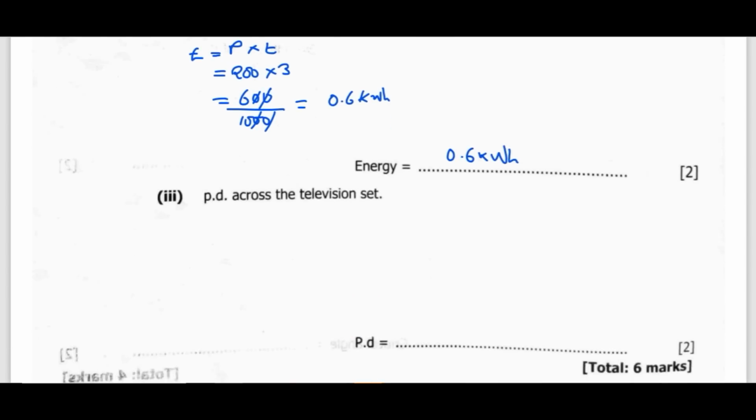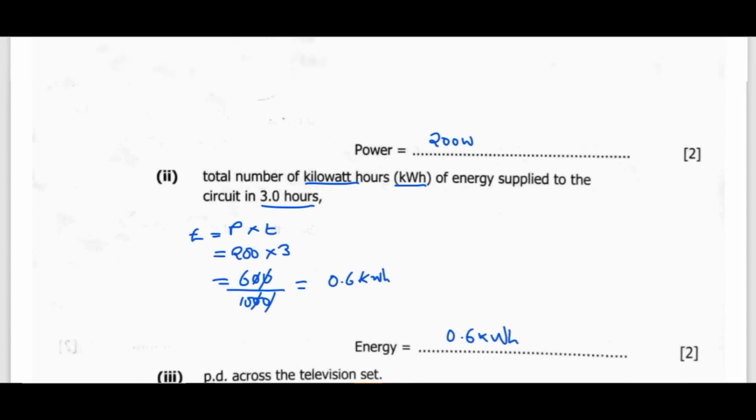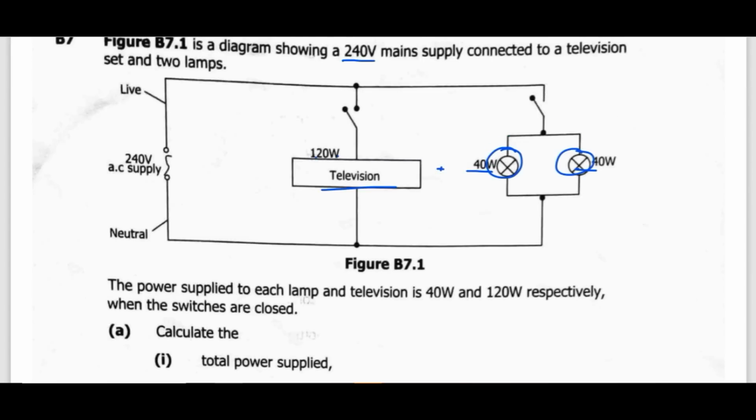And then we have the potential difference across the television set. So when you look at the potential difference, it is the same in parallel, because this is what we are looking at. So because we are looking at the potential difference, the voltage is the same in parallel. So the voltage is the same in what?